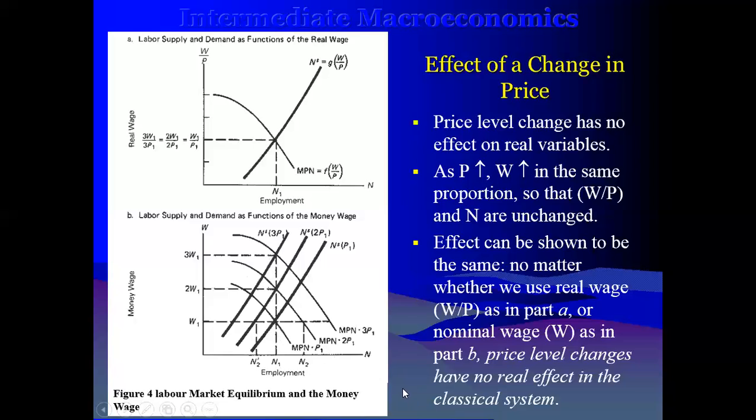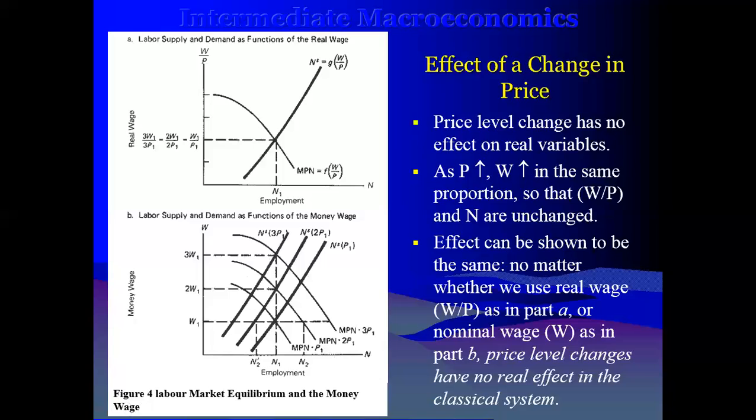So whenever there's an increase in price, all that happens is an increase in nominal wage, which means the real wage will not change. And if real wage is not changing, then your N star 2 will not change. When N doesn't change, your Y2 will never change.